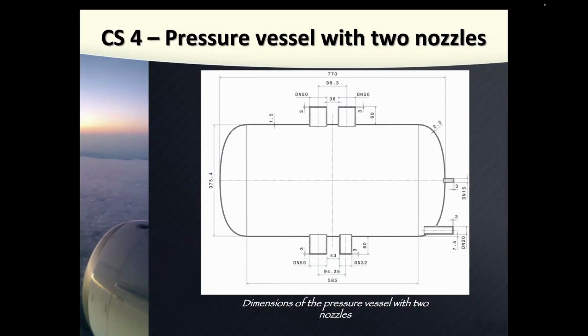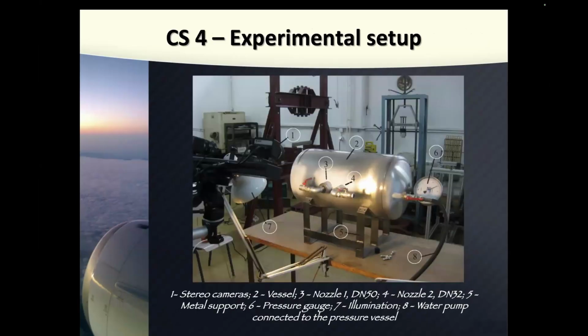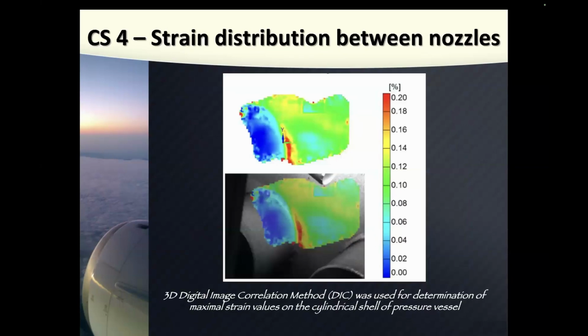So you can see the manhole of this vessel. The vessel was designed in CATIA, and I did that design. And this was the experimental setup, the pressure vessel with all these valves and gauges. Here we used stereo cameras to record what's going on using the so-called 3D digital image correlation method. Maybe you're aware of this.